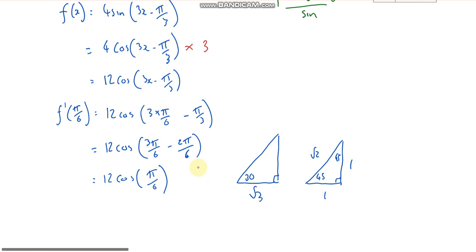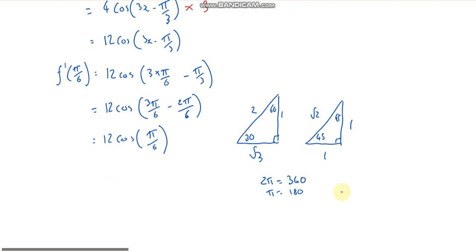I always remember the 3s go together. And then 60 and 1, and that has to be 2. Check out Pythagoras: square it, square it, square it. Yep, that makes sense. The other thing I'll write down is that I know 2 pi is 360 degrees, so pi is 180. If I'm looking for a sixth of that, I've got 180 divided by 6, which is 30 degrees.